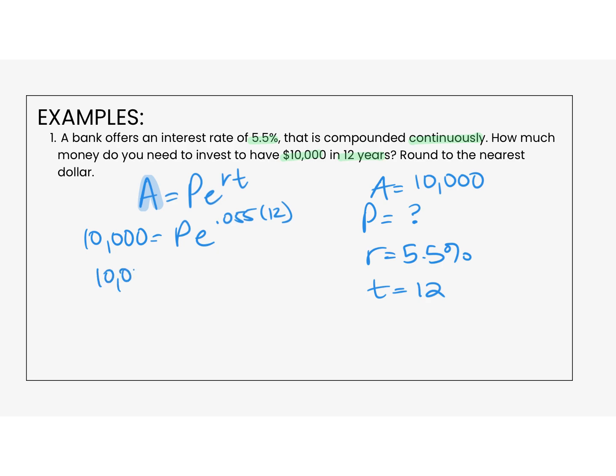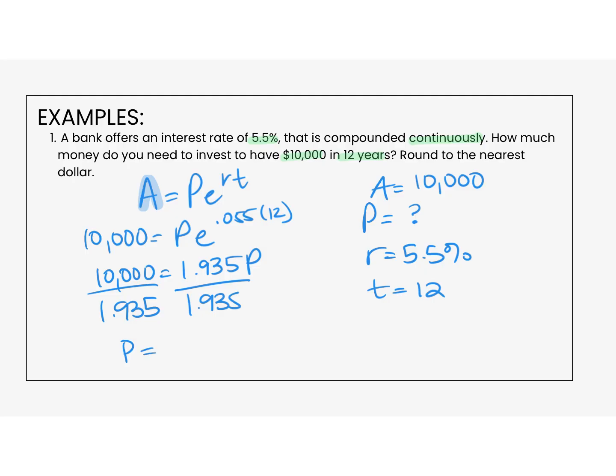So I get 10,000 equals 1.935 times P. And then I'm just going to divide by that. I'm using the answer function on my calculator, so it stores the number without rounding. If you rounded, you might get something a little bit different, but it should still be close enough.